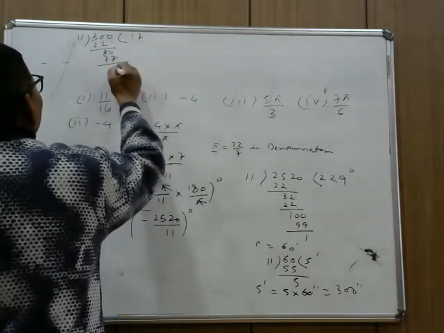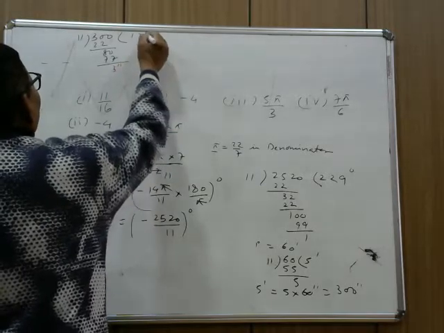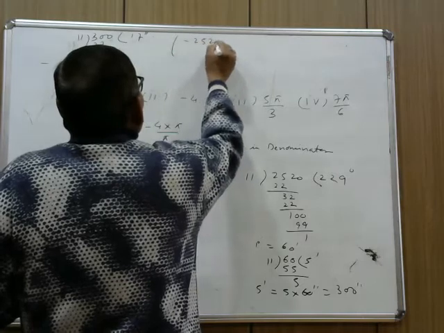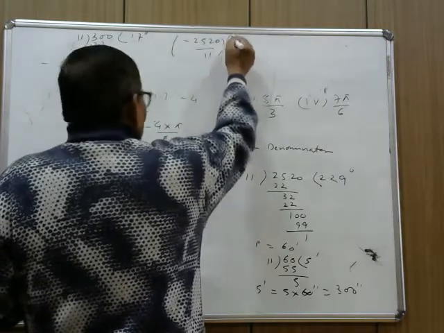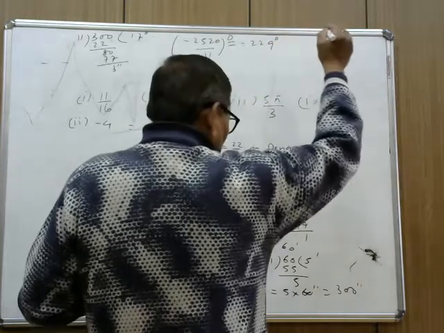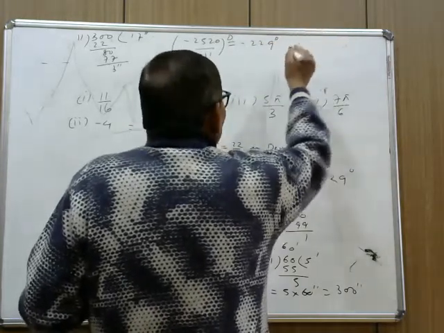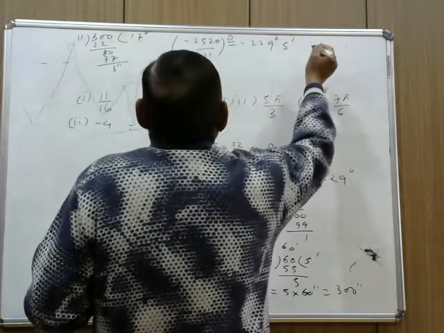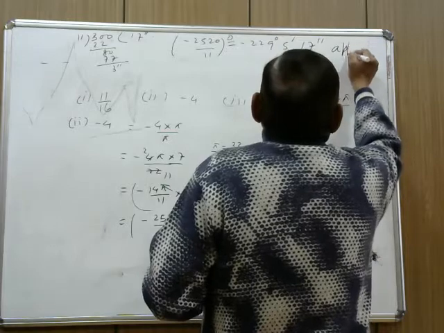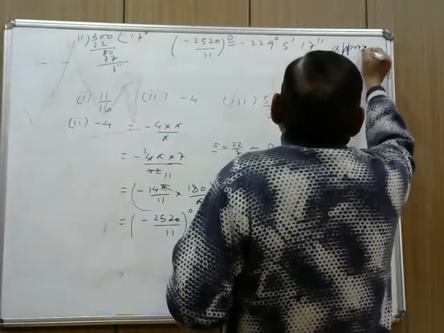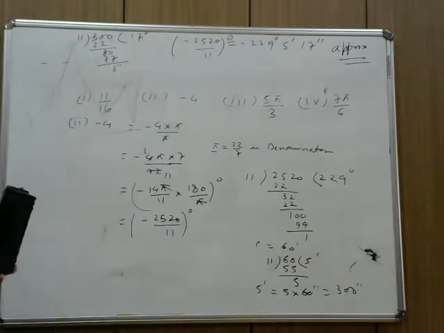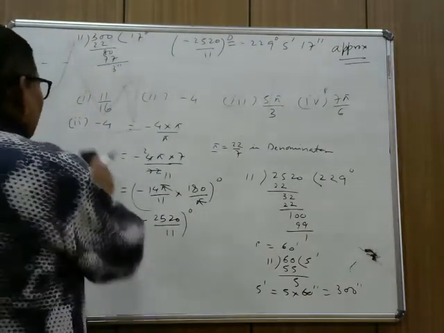Your remainder is 3 seconds. You leave that. So in this way, minus 2520 by 11 degree is equal to minus 229 degrees, 5 minutes and 17 seconds approximately. This is not exact, this is the approximate value of the given radian in degree measure.